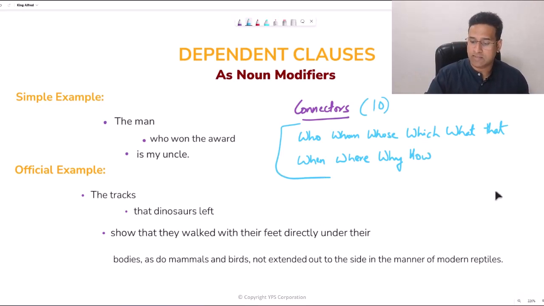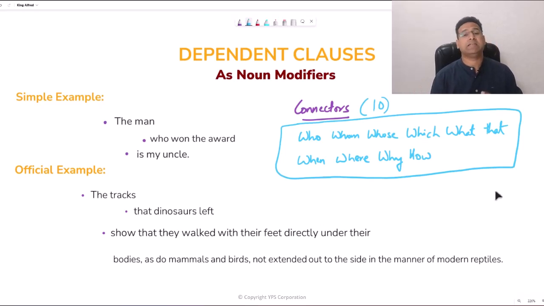Please make a note of these. These are the magical 10 connectors that we typically find at the start of dependent clauses that behave as noun modifiers.